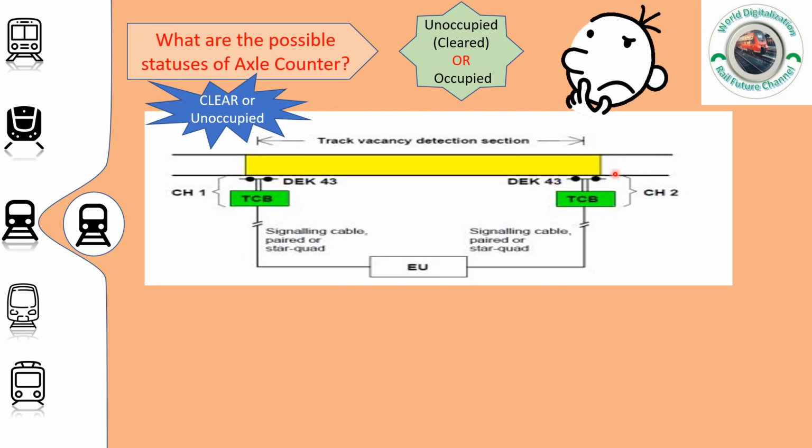We have two axle counter systems, System 1 and System 2. Both of them are connected by signaling cable to the EU, or evaluation unit. The covered area between both systems is called the Track Vacancy Detection Section, or TVDS.